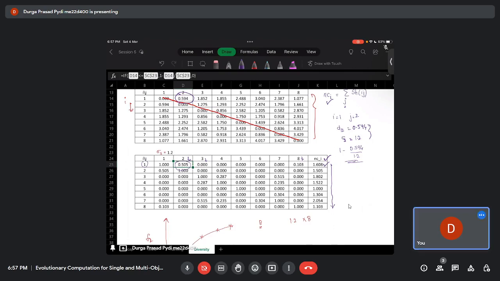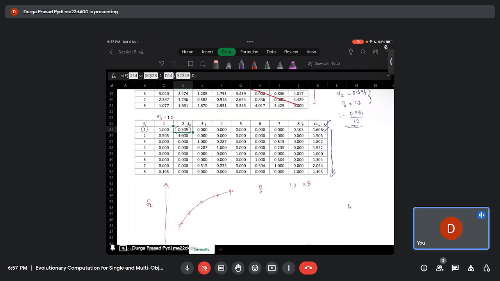Once we calculate the value of NCI, the next step is essentially to weigh this factor into our fitness function. So our objective is to essentially diversify our solutions. So we have to somehow tell our optimization algorithm to penalize the solutions which are less diverse.